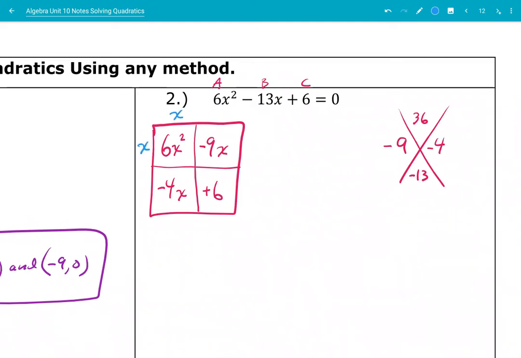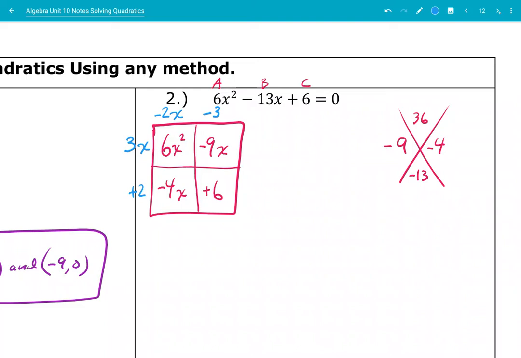What do 6 and minus 9 have in common? Probably 3. What times 3 gives me a minus 9? Well, that's a minus 3. What times a minus 3 gives me a 6? That's a plus 2. And then let's see, what times a 2 gives me a minus 4x? That'll be a minus 2, isn't it?